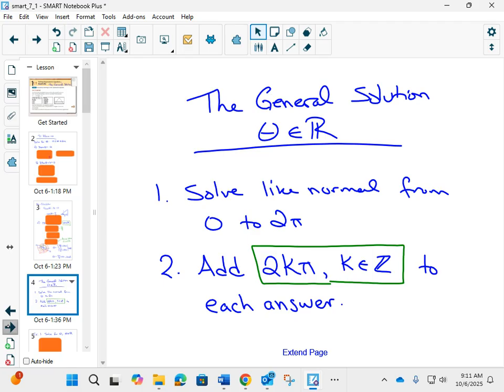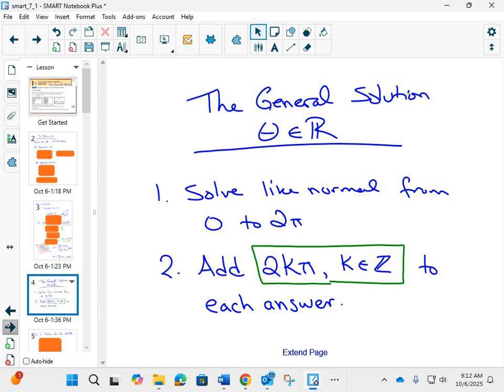So if you get a question that says find the general solution, or the question tells you the domain is everything, theta belongs to all real numbers, what we're going to do is basically combine two ideas from chapter 6. Can you solve like normal from 0 to 2 pi?